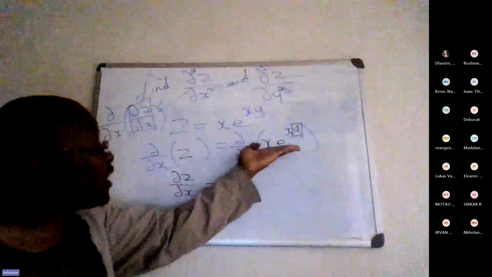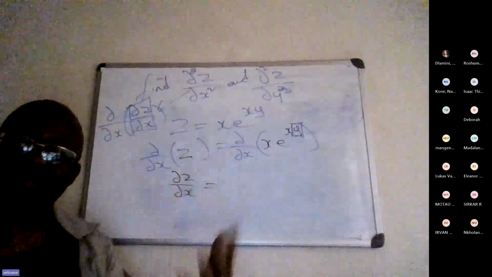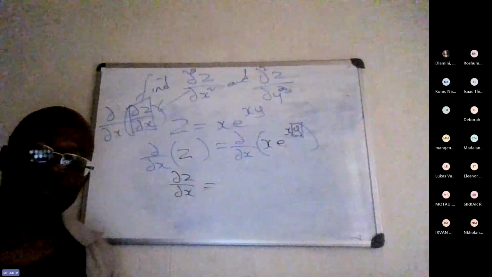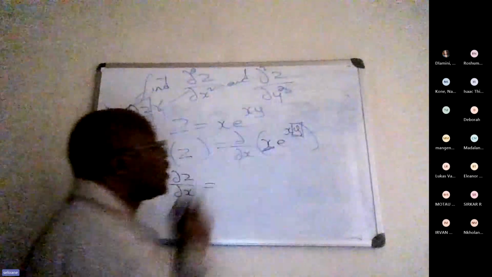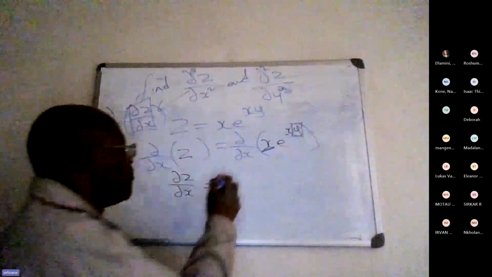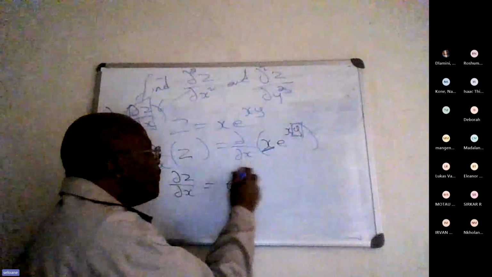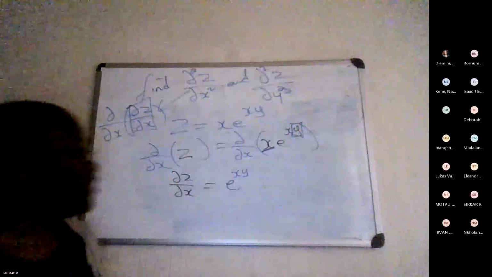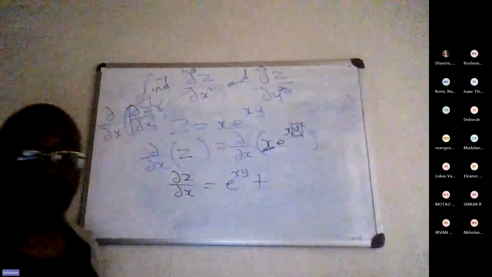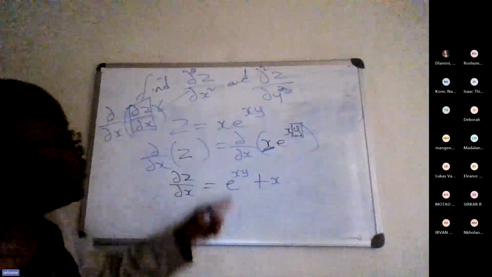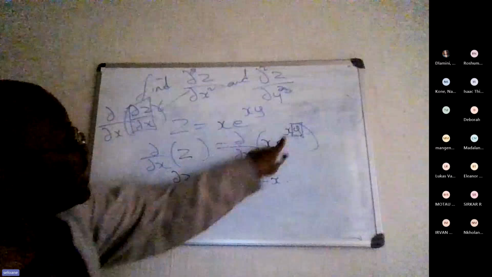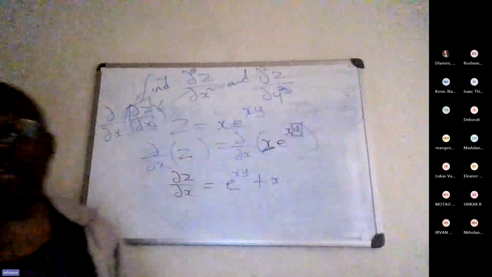So how to differentiate this? It will just be the product rule, where you differentiate x the usual way, which is 1. Then you multiply it by this one fixed. Then you say plus. Now the x is fixed. Now be careful here, the x is fixed. Now you differentiate this one, where you see y as a constant.